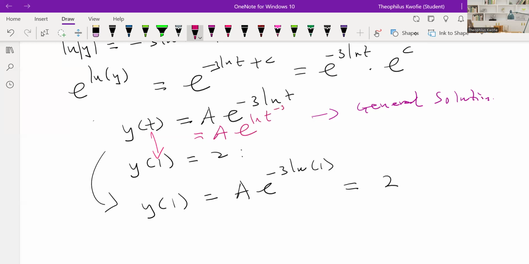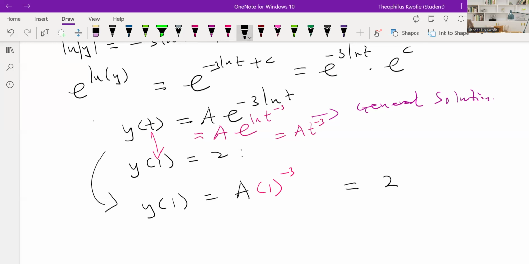Since they are inverses of each other, my a will have something like this. To make things simpler, over here we're going to have 1 to the power minus 3. Does that make sense? Good.